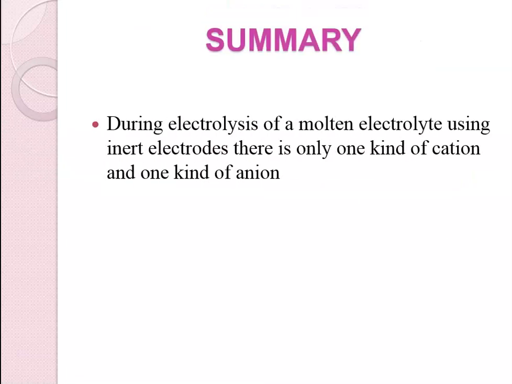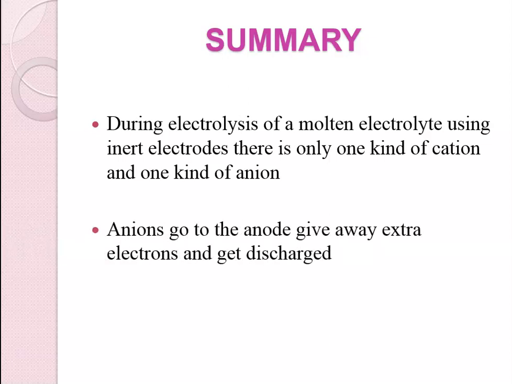Let us summarize what we did today. During electrolysis of a molten electrolyte using inert electrodes, there is only one kind of cation and one kind of anion. Anions go to the anode, give away extra electrons and get discharged.